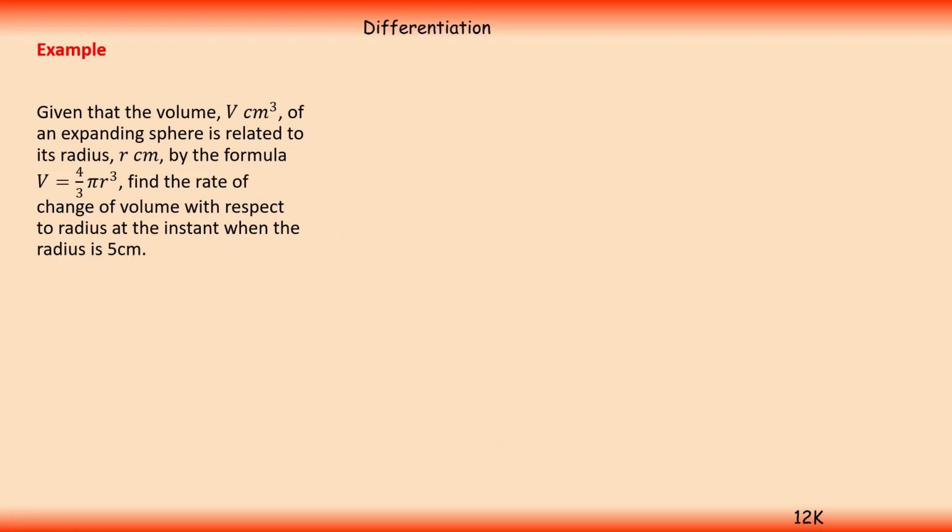Right, so let's have a look at this example then. It says, given the volume V of an expanding sphere is related to its radius r by the formula V equals 4 over 3 pi r cubed, find the rate of change of the volume with respect to radius at the instant when the radius is 5 centimeters. So what we've got to do is, we've got V is equal to 4 over 3 pi r cubed.